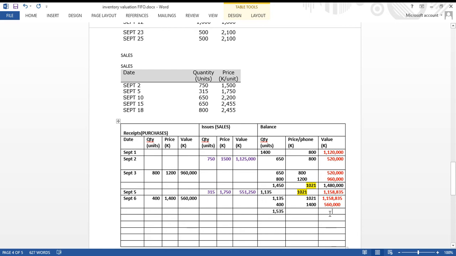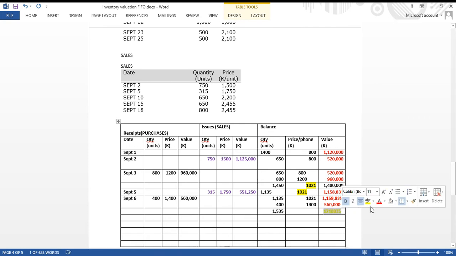Then 1,158,835 plus 560,000, we get 1,718,835.